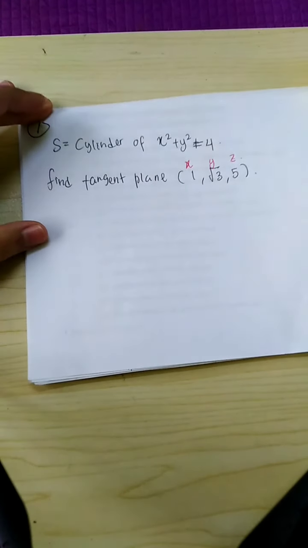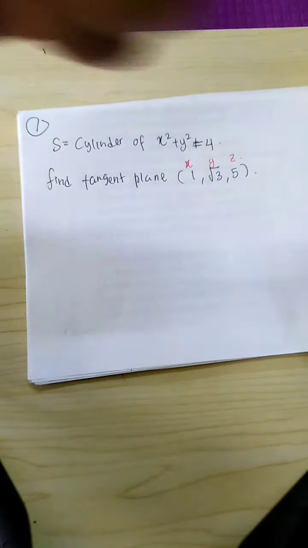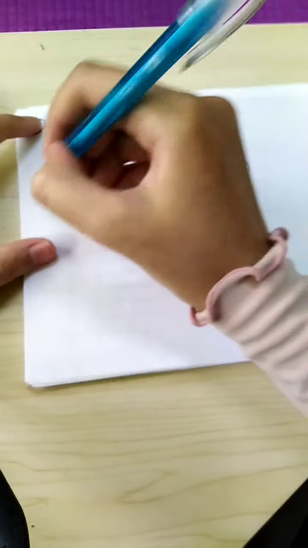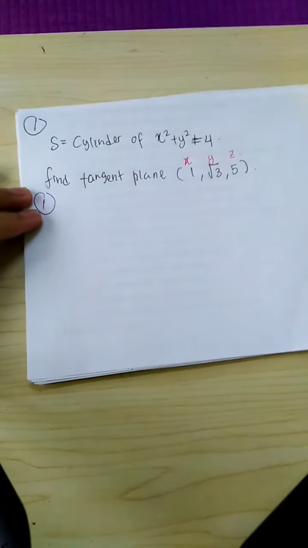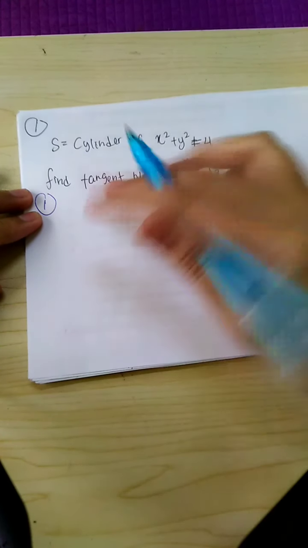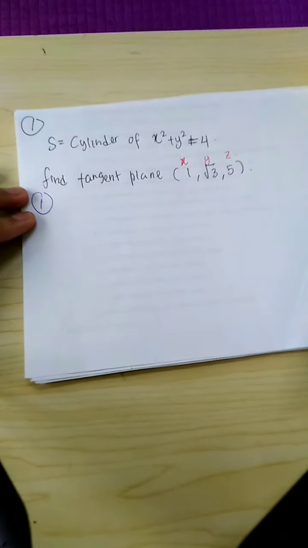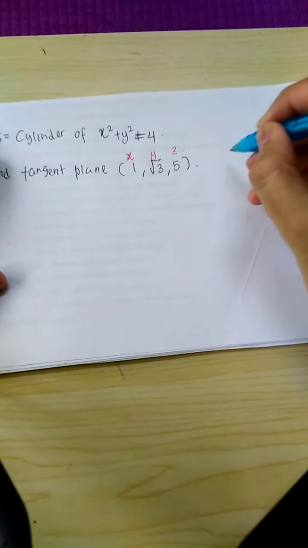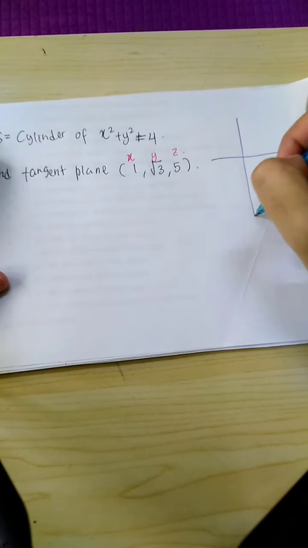Our first step is to parameterize the surface S. We can see S can be expressed in cylindrical coordinates as r equals 2. Let me sketch the graph.